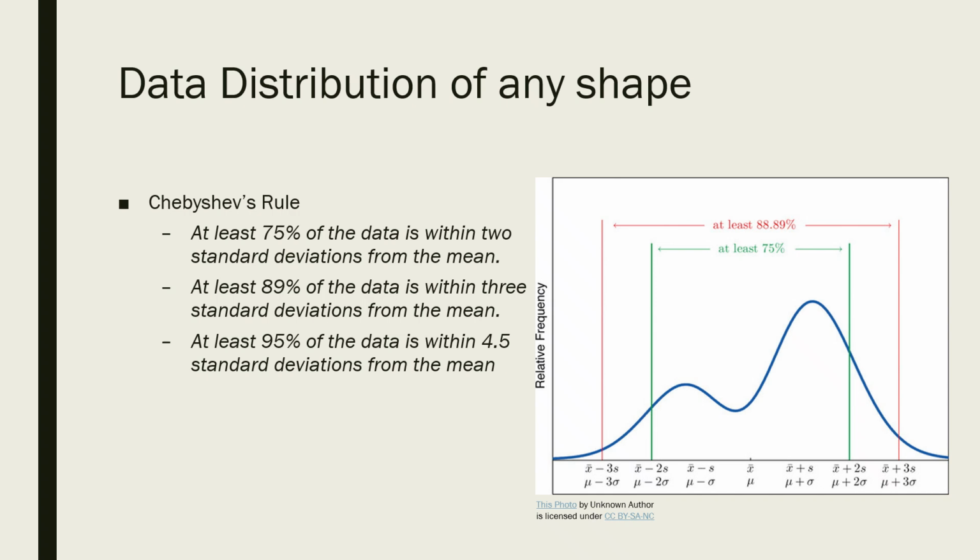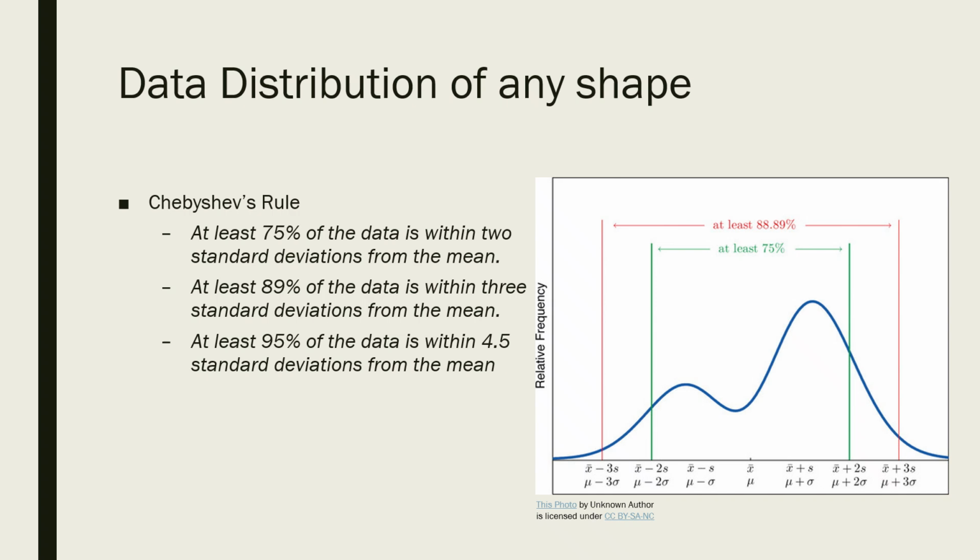At least 75% of the data is within 2 standard deviations from the mean. At least 89% of the data is within 3 standard deviations from the mean. And at least 95% of the data is within 4.5 standard deviations from the mean. So no matter what shape of distribution I have, I know 95% of my data will be within 4.5 standard deviations of the mean no matter what.